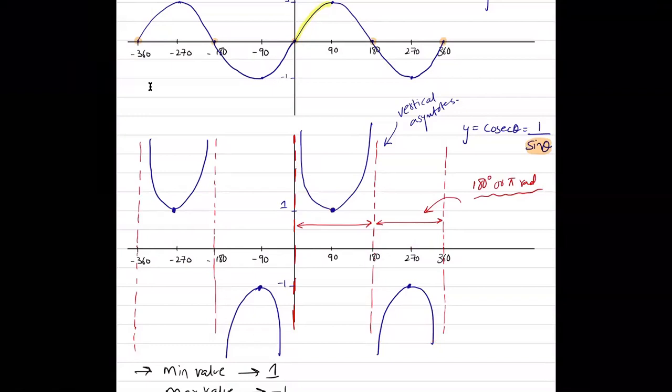Whenever you are dealing with the reciprocal functions, you will always adjust the asymptotes first. In cosec theta, the first asymptote is at 0 degree and the next asymptote is at 180 degree. So the gap between the two asymptotes is 180.